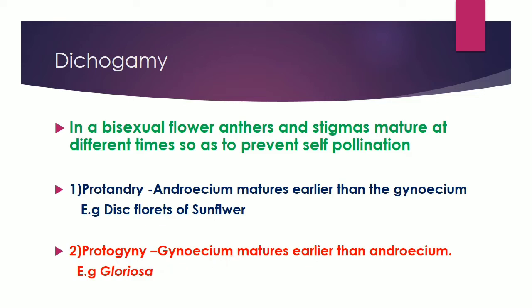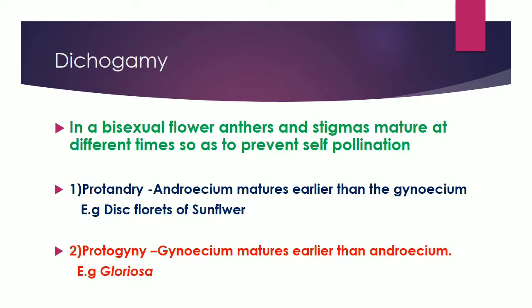So what is dichogamy? The definition you should know: the maturation time will be different for both reproductive whorls, androecium as well as gynoecium, and the flower, of course, will be a bisexual flower. Then there are two categories, protandry and protogyny. When androecium is maturing first, it is protandry.